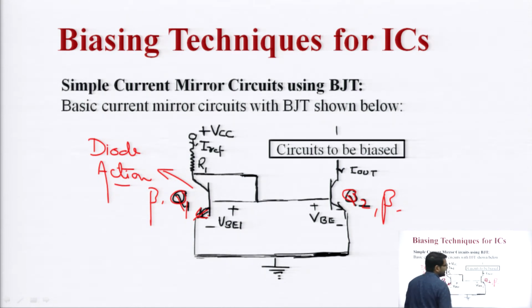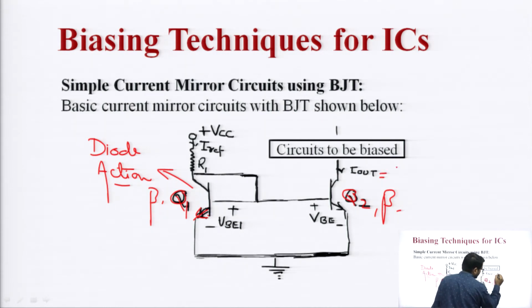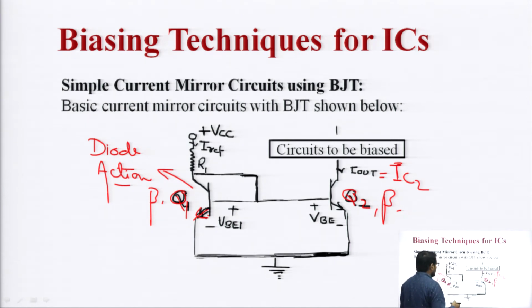So, here Q1 gives the diode action and tries to force transistor Q2 to operate in the active region. I out is IC2, the collector current of transistor Q2, and IC1 is the collector current of transistor Q1. We prove that in the current mirror circuit I out is equal to IC1.